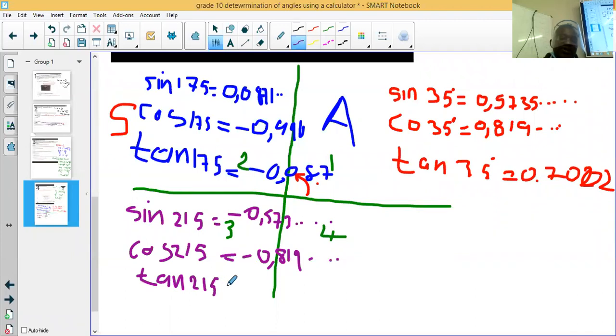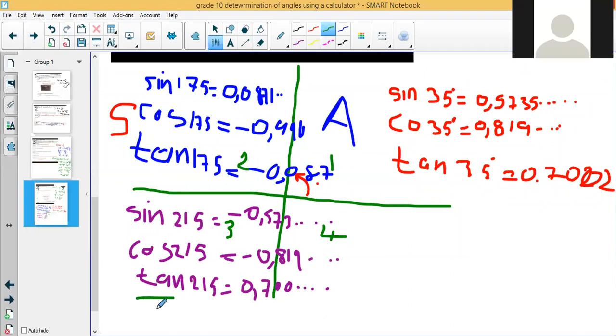What do you get on tangent 215? 0.700. Okay. Now let us look at this one. On this one here, which trig function is positive? Only tangent. Tangent and its reciprocal, which is cotangent. Here it is sine and cosecant, right? But let us go on to the fourth quadrant.